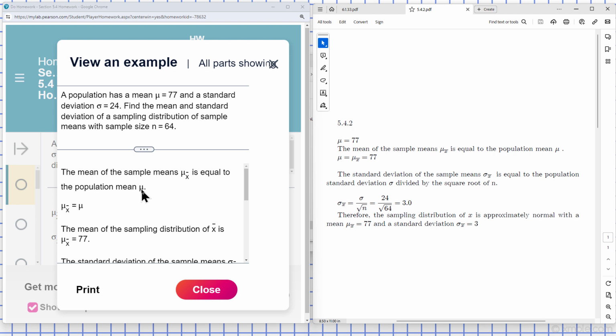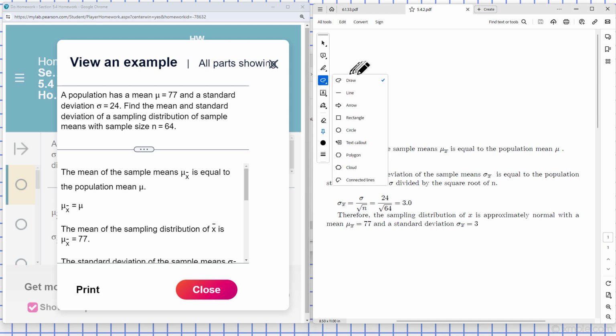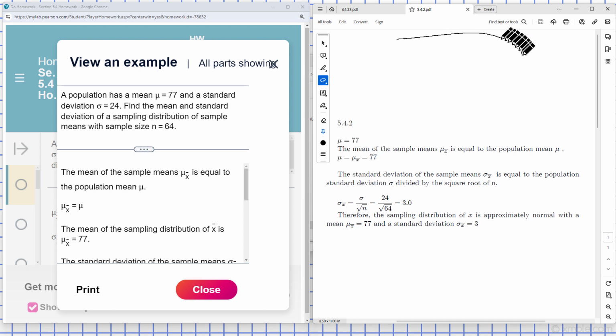So now in this case, let's say this is our population. Subpopulation.